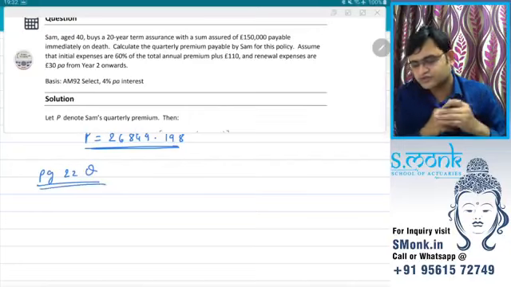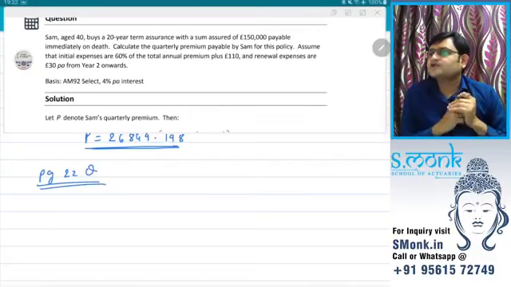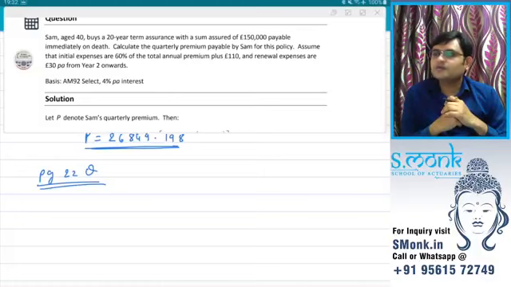Sam, aged 40, buys a 20-year term assurance with a sum assured of 150,000 payable immediately on death. Calculate the quarterly premium payable by Sam for this policy. Assume that initial expenses are 60% of the total annual premium plus 110, and the renewal expenses are 30 per annum from year 2 onwards.